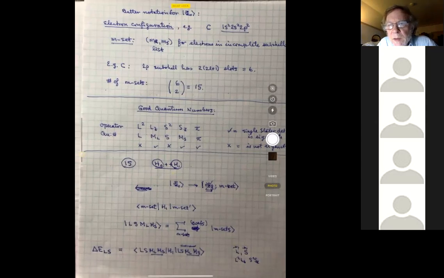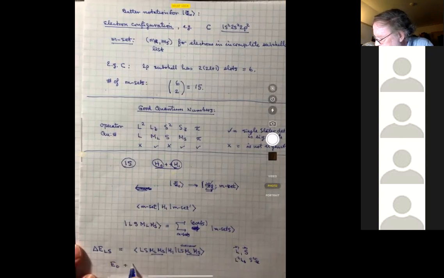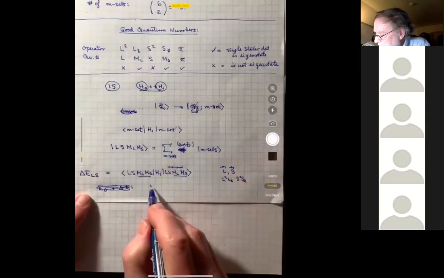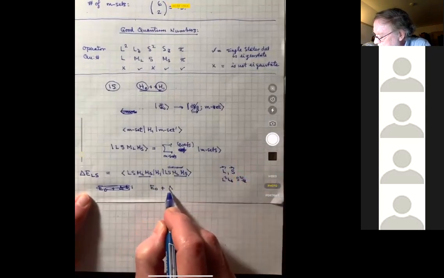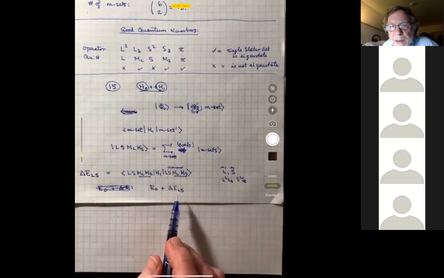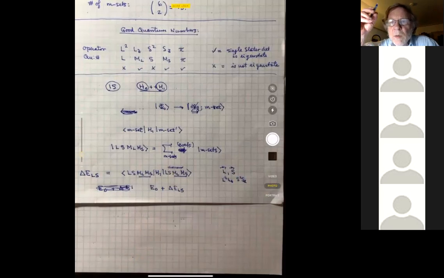And what this means is this common energy E, the total energy, is going to be E0 plus this delta E_LS. Let me write it right. E0 is the unperturbed energy, and then we add the delta E sub LS. And the result is the energy levels will now depend on L and S. This is what we expect.